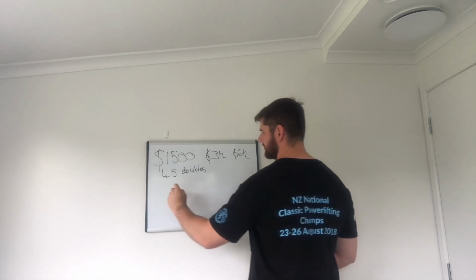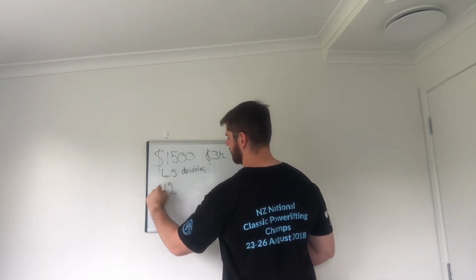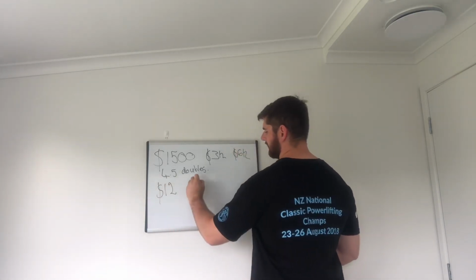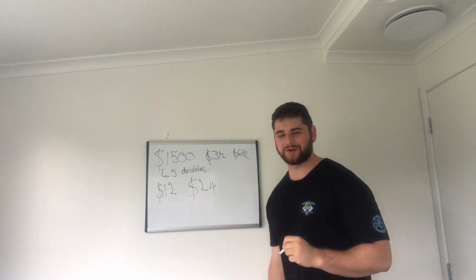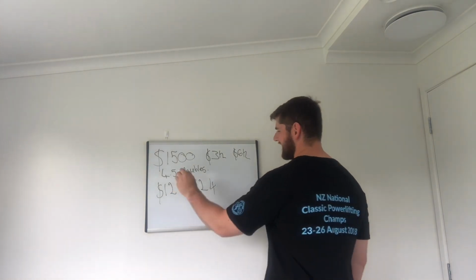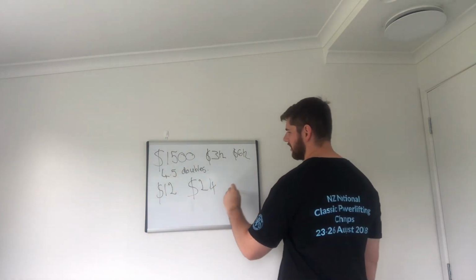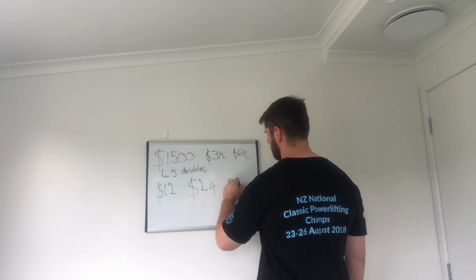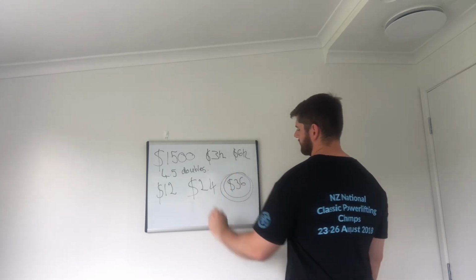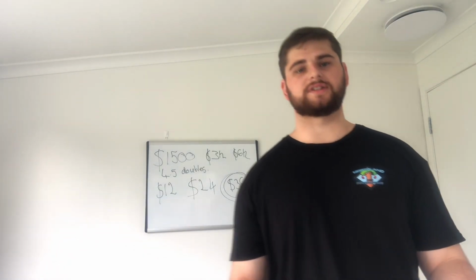If we double it a third time, that takes us to about $12,000. A fourth time, we get to $24,000. I'm sure you guys have seen the point I'm trying to make here. And if we double it another half a time to give us our 4.5 doubles, that's going to give us approximately $36,000. So $36,000 is the magic number.